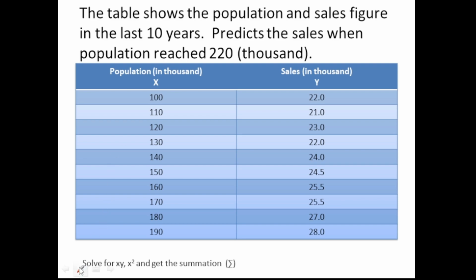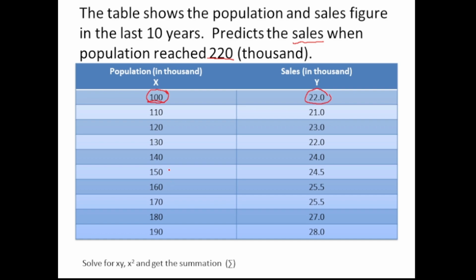So siguro yung present na sales po natin ay 22.0 na sales, tapos yung population ay 100. Paano naman kapag nag-reach ng 220? Ilan na yung magiging sales natin? Nape-predict pala yun.